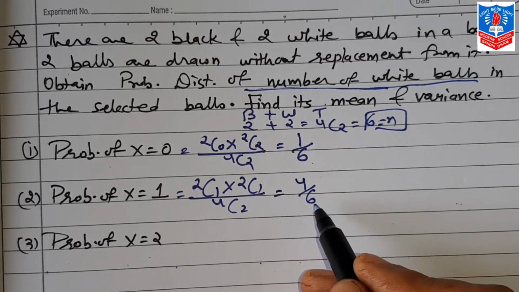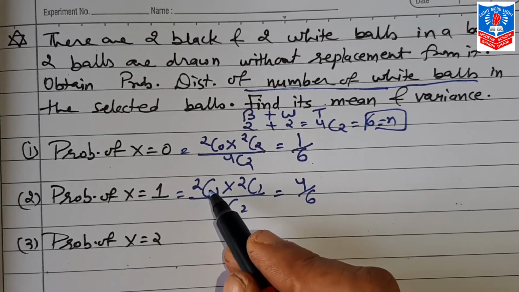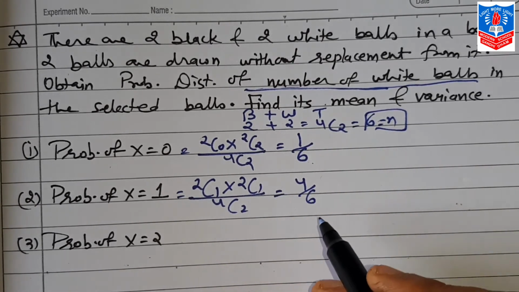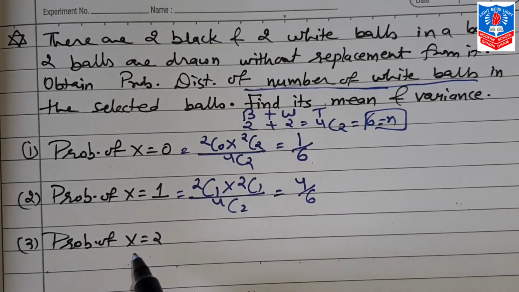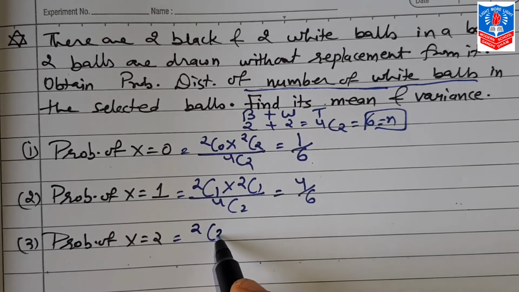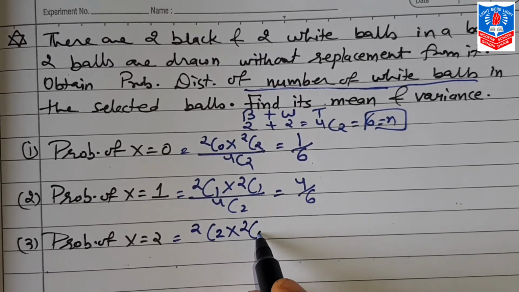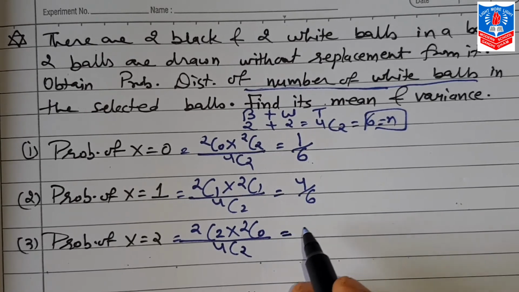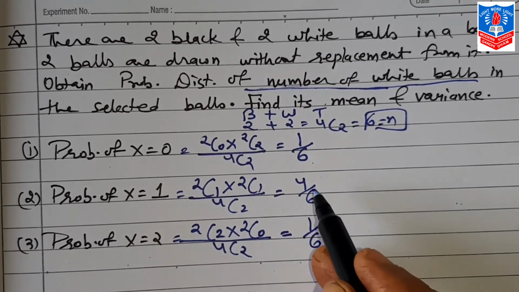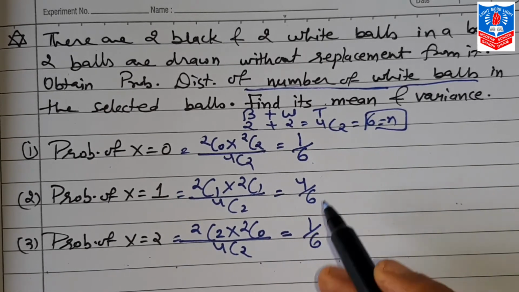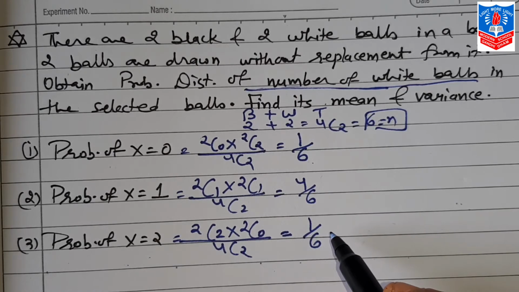I am writing directly. You can write here with one step also. 2 into 2 is equal to 4. Here 2C2 into 2C0 upon 4C2, that will be 1 by 6. You can see the total of this is 4 plus 1 plus 1, 6, which will be 6 by 6.